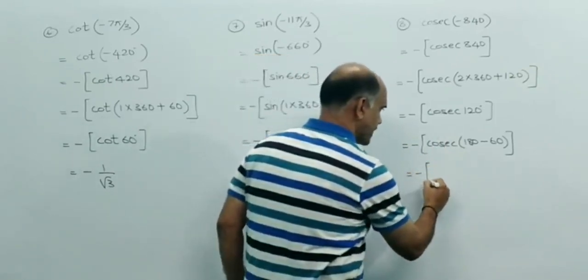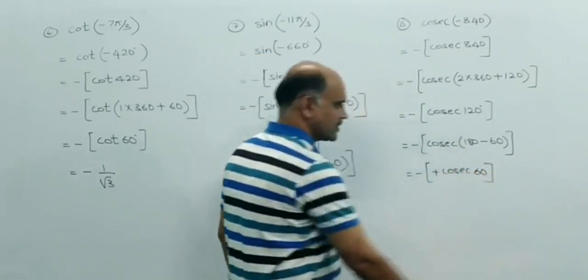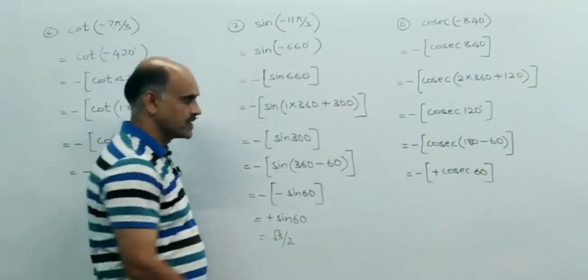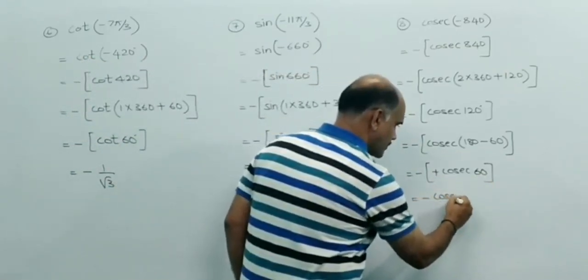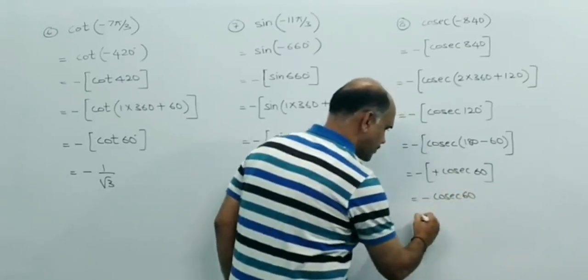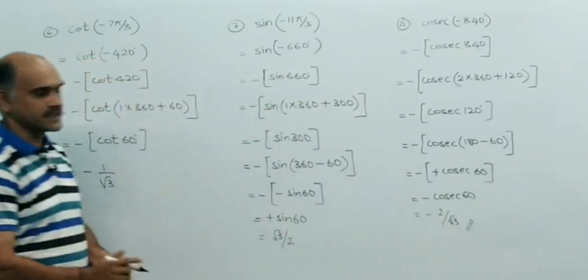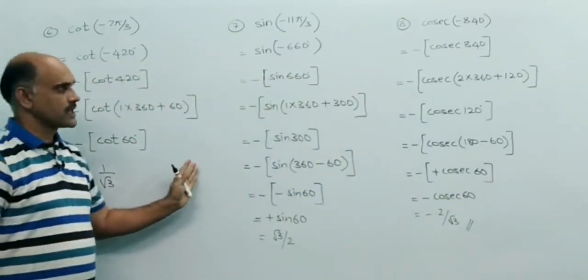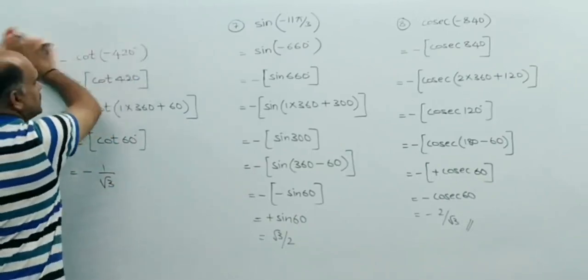So this will be minus plus cosec 60. Cosec will be positive. Now if you multiply these two, you will have minus cosec 60, and substituting the answer, you will have minus 2 by root 3. You can pause, note down the solutions, then we will go for the next one.